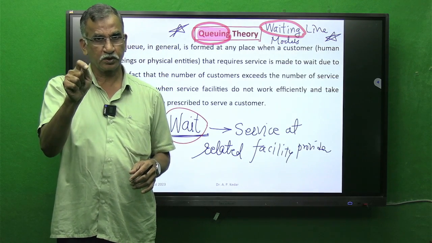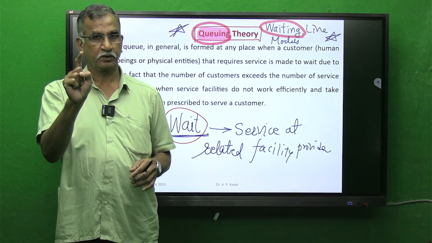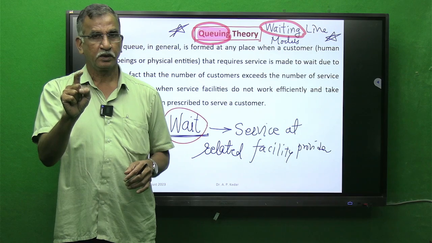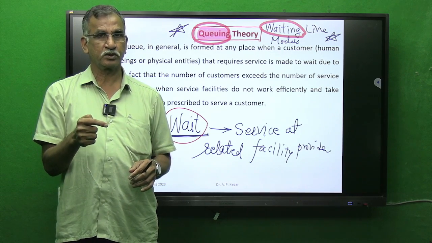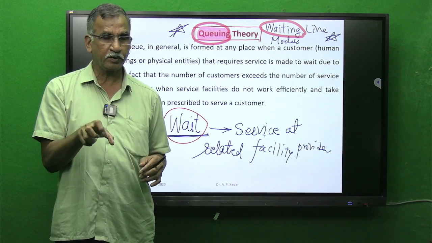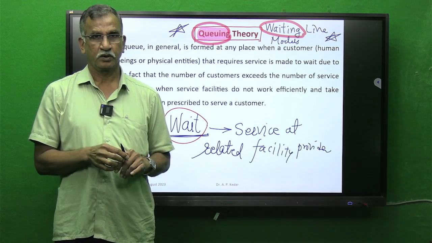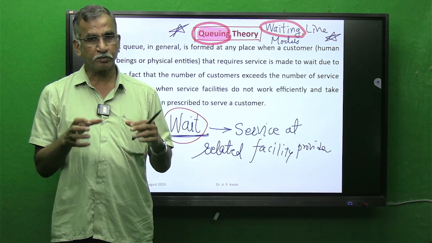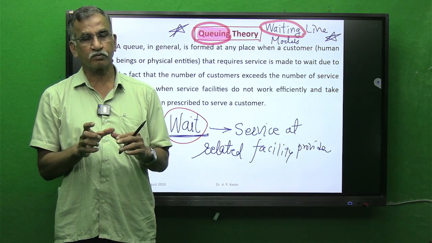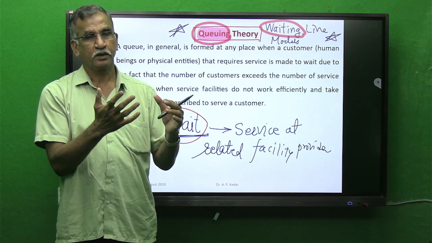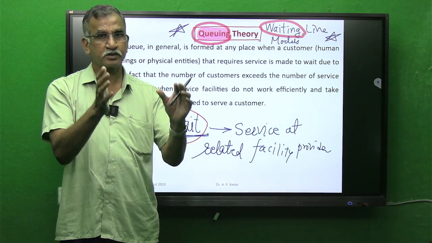and we start blaming the system that they should provide more service facilities to reduce the waiting time. But students, keep one thing in mind. In operations research, what we aim for is to optimize things. Suppose instead of one service provider, I deploy 10 service providers.